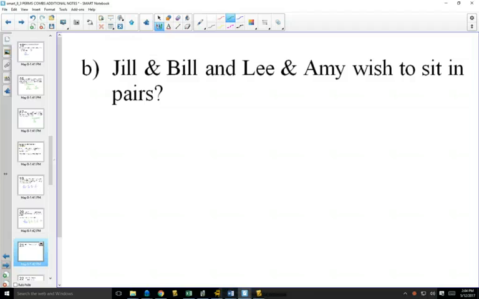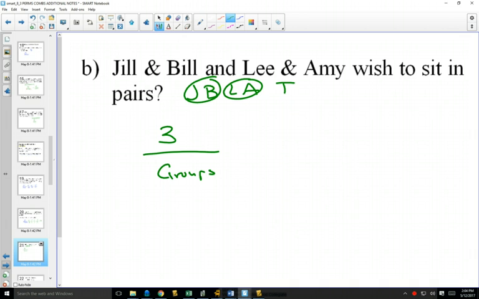So how many groups do we have? We now have 3 groups, and we can draw it out like this. This is a group, and poor Tom is in a group all by himself.